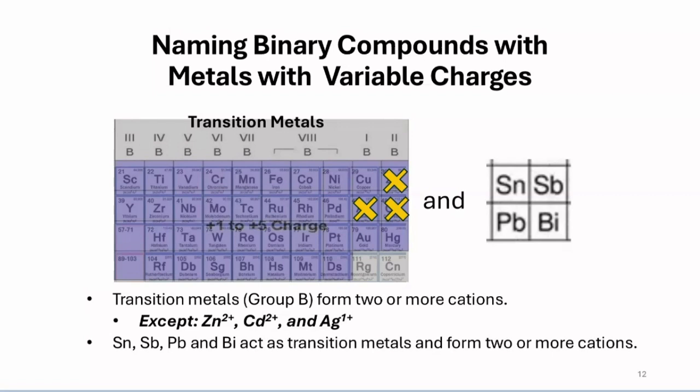Those are zinc, which is always positive 2 cation, cadmium, which is always positive 2 cation, and lastly, silver, which is always positive 1 cation.